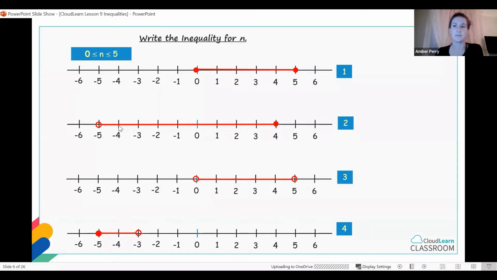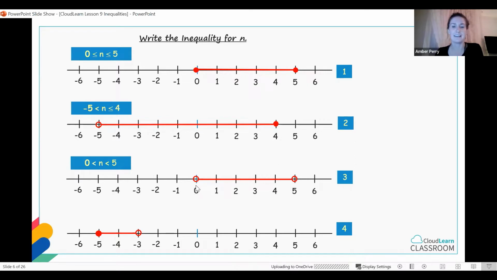Moving on then, hopefully you can look ahead if you want and just have a go at these yourself before I tell you. But here we have n is going to be greater than -5, but less than or equal to 4. Okay, so you'll see we've got greater than, but no equal to on this side. But we've got less than and equal to 4 there. Next one up, we have, sorry, I've given you the answer before I went through it there, but hopefully you'd got to it yourself.